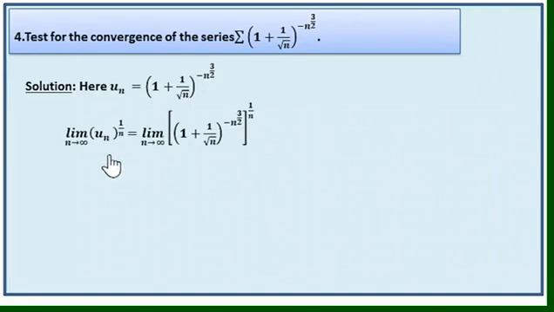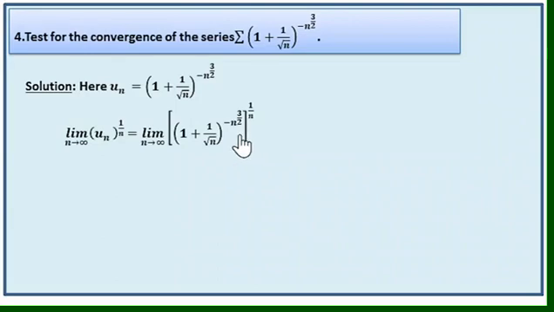Limit of un power 1 by n as n tends to infinity equals limit as n tends to infinity, this is un to the power 1 by n. Next step. This is equal to limit as n tends to infinity, 1 plus 1 by root n to the power minus n to the power 3 by 2 into 1 by n.